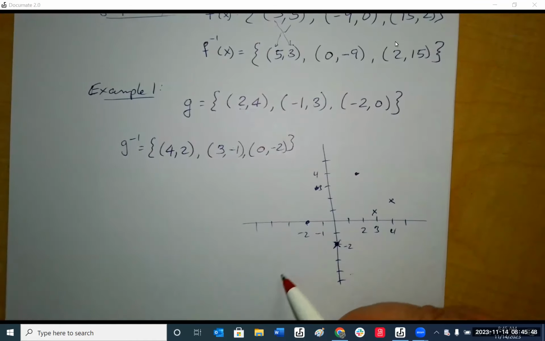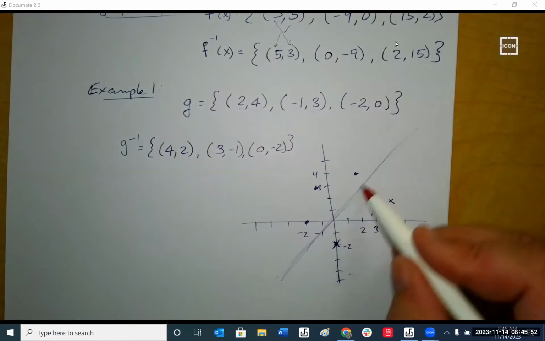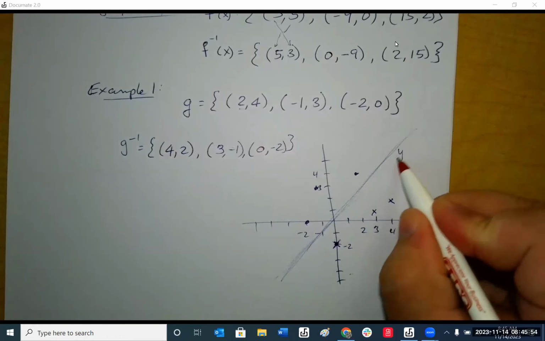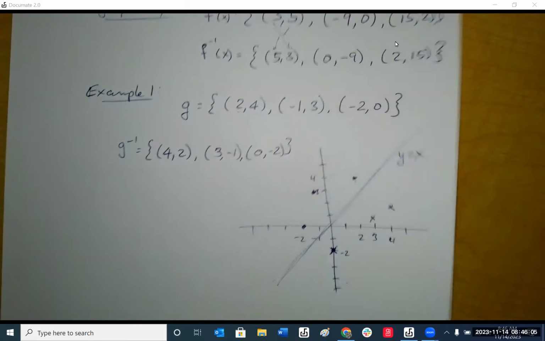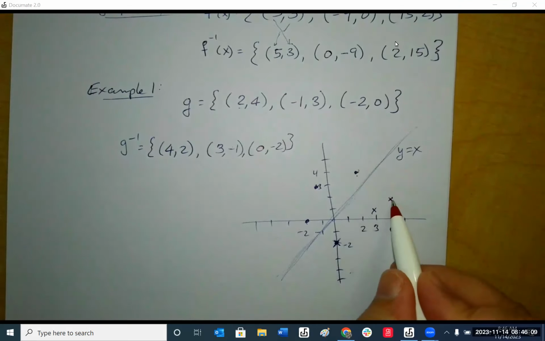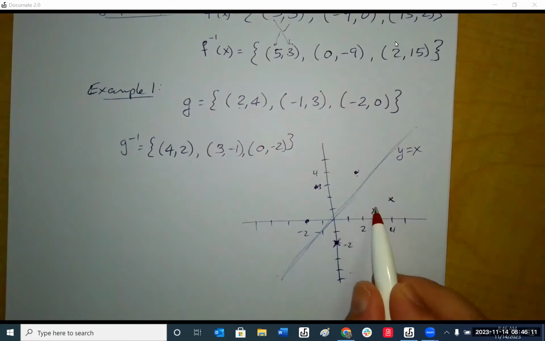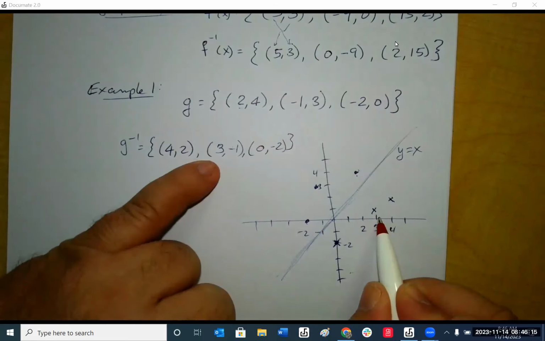Now, if you drew a diagonal line here, which is the line y equals x, the 45-degree angle line, what you'll see is that these are just mirror flips of each other. 2, 4 becomes 4, 2. 3, 1 becomes, oops, that was 3, -1.